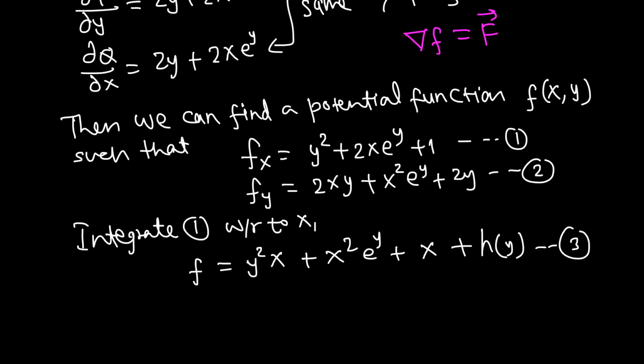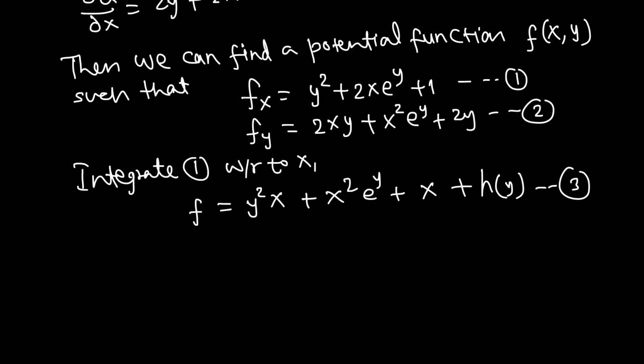For that we will use equation 2. Equation 2 is the partial derivative of f with respect to y. So let's find the partial of this f with respect to y so that we can compare with equation 2.